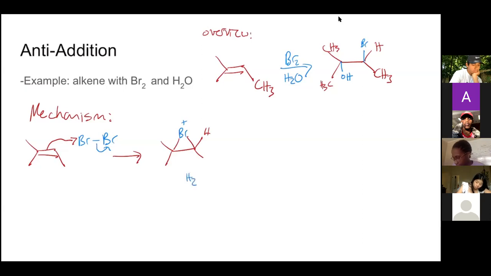So I'll go ahead and draw that in. And then we have to break this bond between the carbon and the bromine, because we've got a new bond forming between carbon and oxygen, and carbon can't have 5 bonds, so we've got to break this bond in our triangular intermediate.